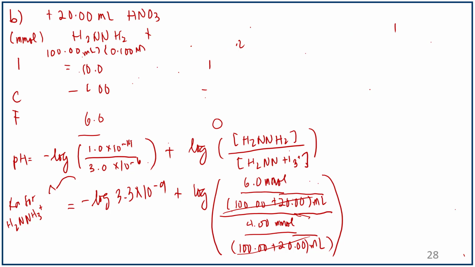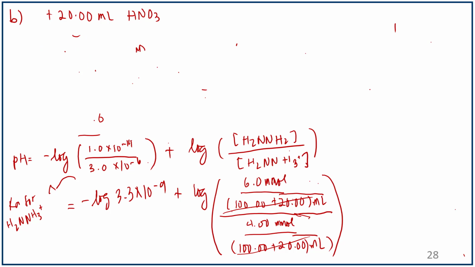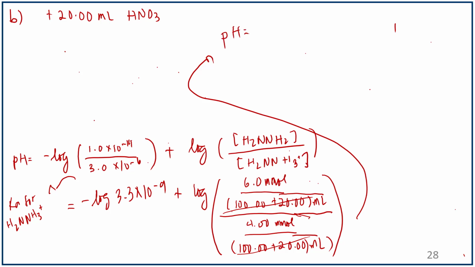Let's get things out of the way. So what we'll get will therefore be pH is equal to the negative log of 3.3 times 10 to the negative 9, which is 8.48.